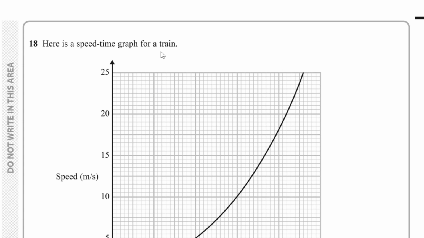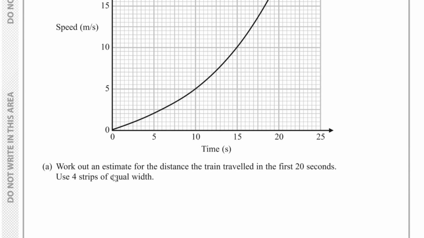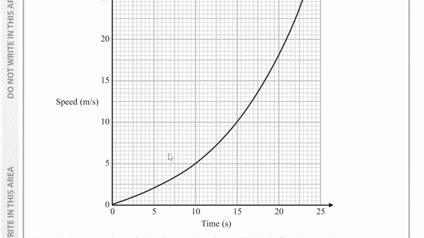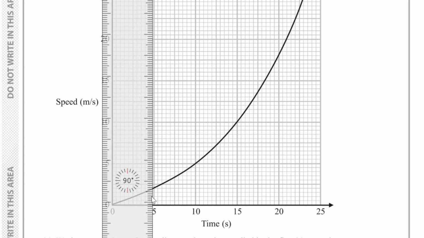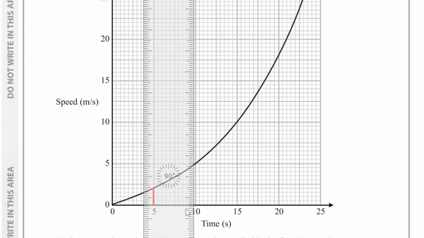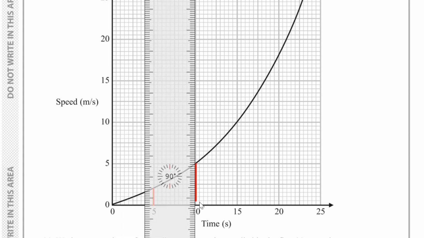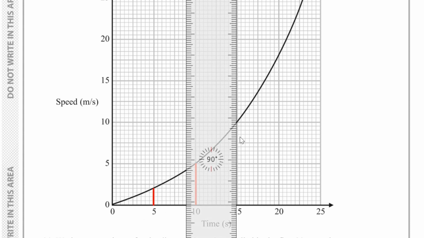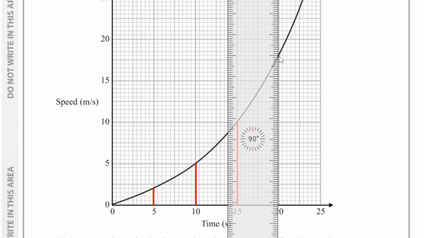Question 18. Here is a speed time graph for a train, that's what we see here. For part A we have to work out an estimate for the distance the train travelled in the first 20 seconds, and we have to use 4 strips of equal width. So if we split this up, let's split it up here, here, here, and here.